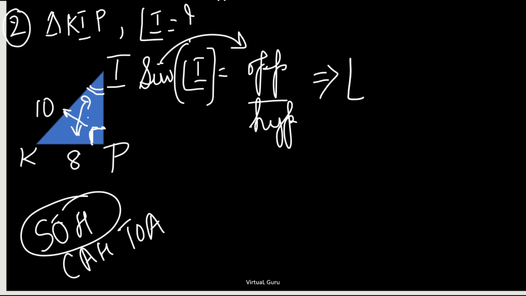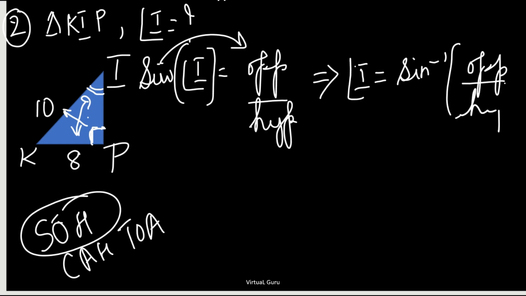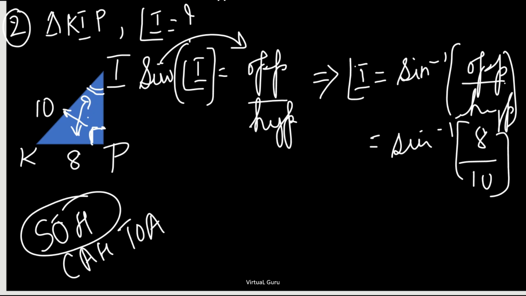That will become angle I is equal to sine inverse of opposite by hypotenuse. Then what is the opposite here? It is 8, and the hypotenuse is 10. So sine inverse of 8 by 10, and 8 by 10 is 0.8.